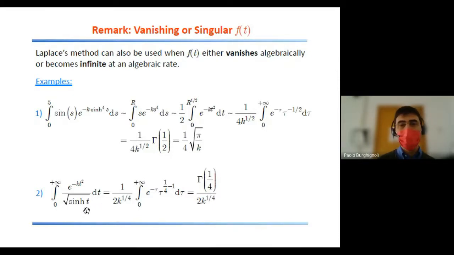However, again, we can replace the hyperbolic sine with its argument and perform the integrations analytically by introducing the gamma function, in this case evaluated at 1/4. Thus, we discover that in this case, the asymptotics is proportional to 1/k to 1/4. Okay.